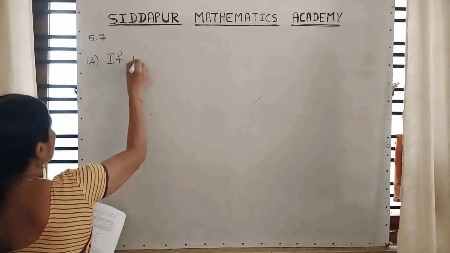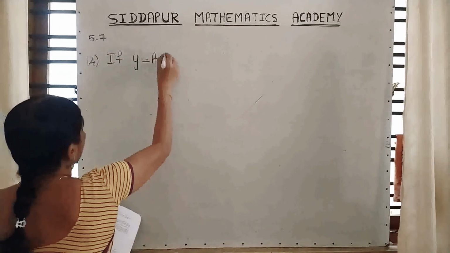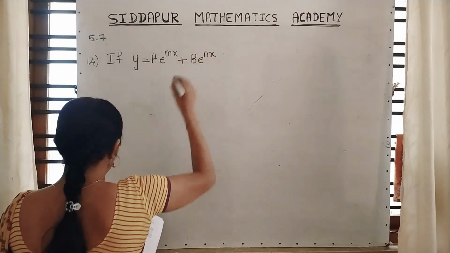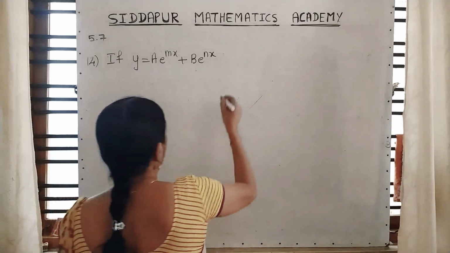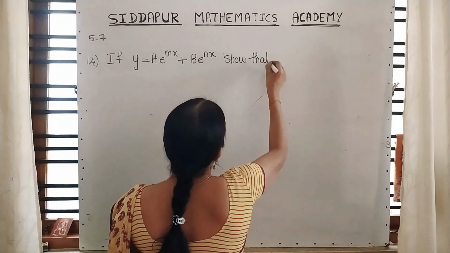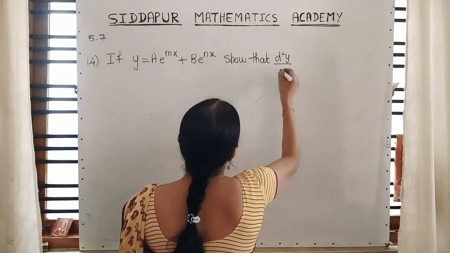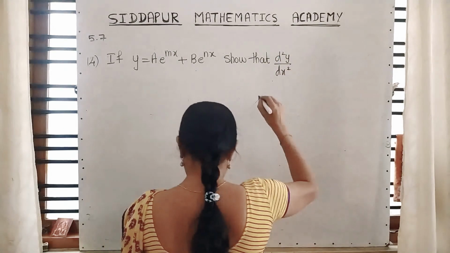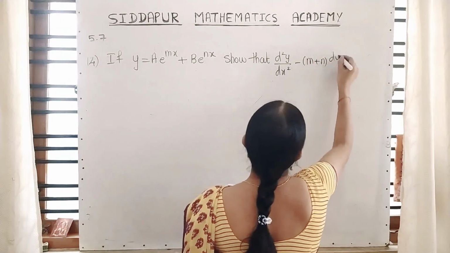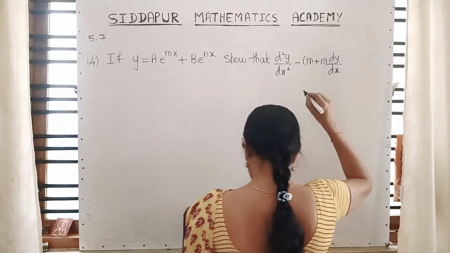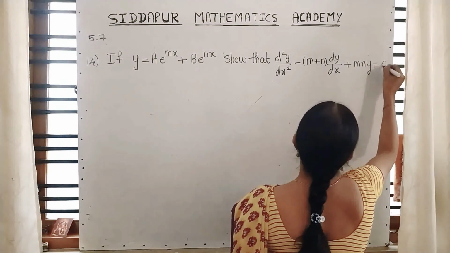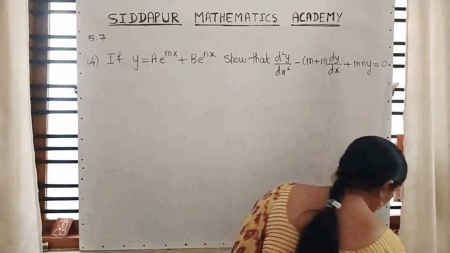If y is equal to a into e raised to mx plus b into e raised to nx, show that d square y upon dx square minus m plus n into dy upon dx plus mn into y is equal to 0.